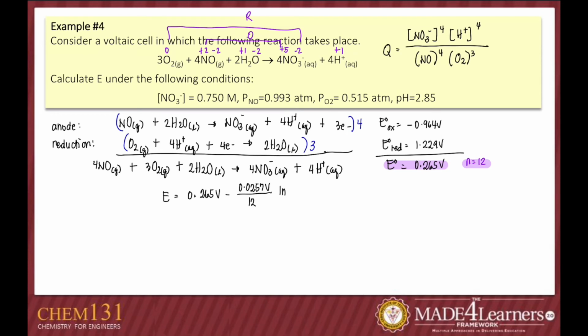So we already have NO3, which is here. We have the pressure of nitrogen monoxide para ani. We have the pressure of oxygen para ani, but we do not have the concentration of hydrogen. But we have pH. Now, pH class, pH is equal to the negative log of the hydrogen ion concentration.